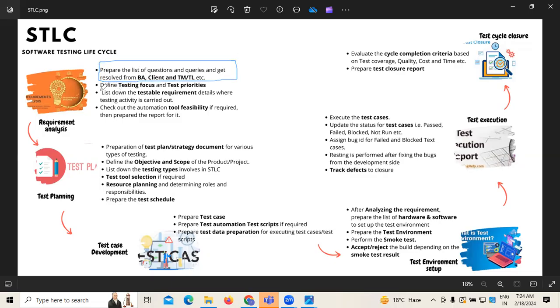So once it is done, they have to define the testing focus and testing priorities, right? What must be the testing focus and what must be the testing priority? Priority means high level, intermediary, and low level priority. Means what are all the testing things that have to be performed.